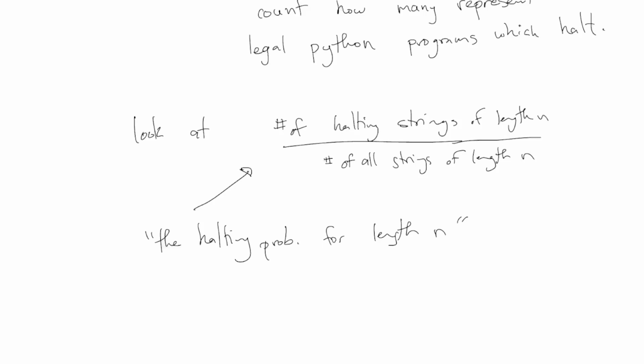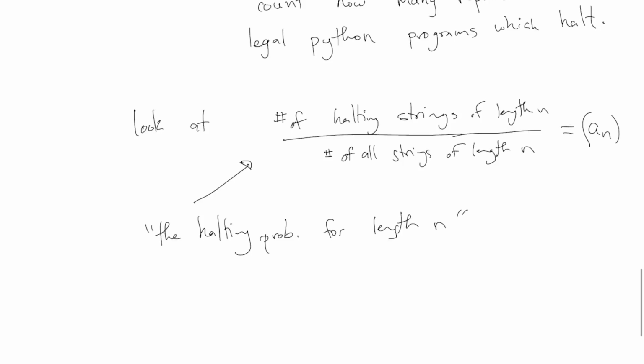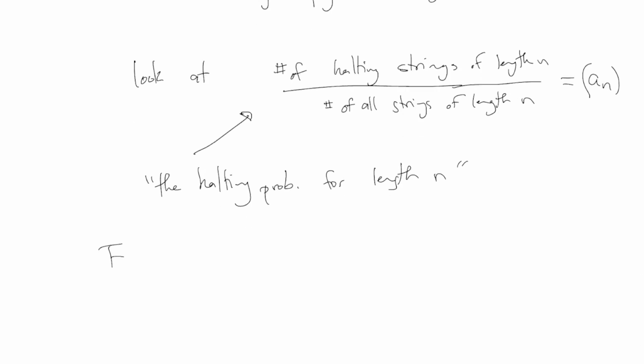All right? And this is a sequence. Let's call this like a sub n. Like a sequence from analysis, you know? A sequence of rational numbers. Each one is the halting probability for length n. And it can be shown, I don't want to do the details of this, but using some theorems from analysis, it is a fact that this sequence a_n actually converges to a specific value.